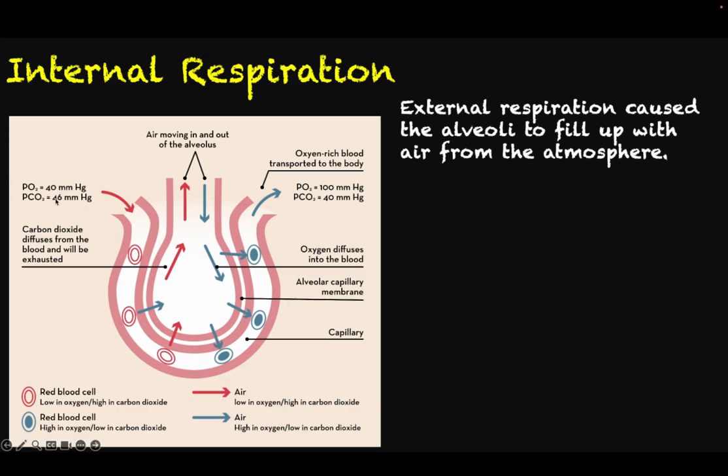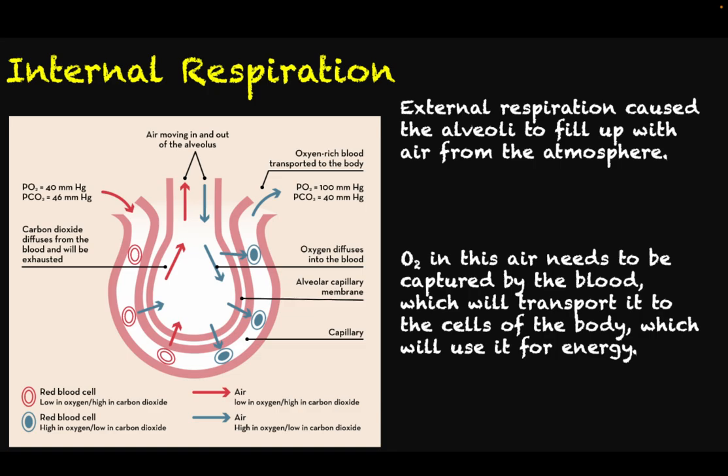That blood that is coming in is actually poor in oxygen and high in carbon dioxide. So ultimately, our goal here with internal respiration is to infuse that incoming blood with the oxygen that we just breathed in and remove a lot of that excess carbon dioxide so that we can breathe that out. So what we're trying to accomplish with internal respiration is we want to infuse the blood with oxygen and remove some of that excess carbon dioxide that is in the blood currently.